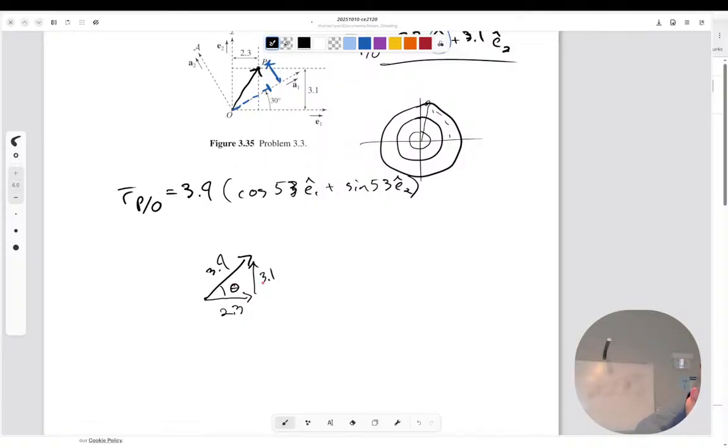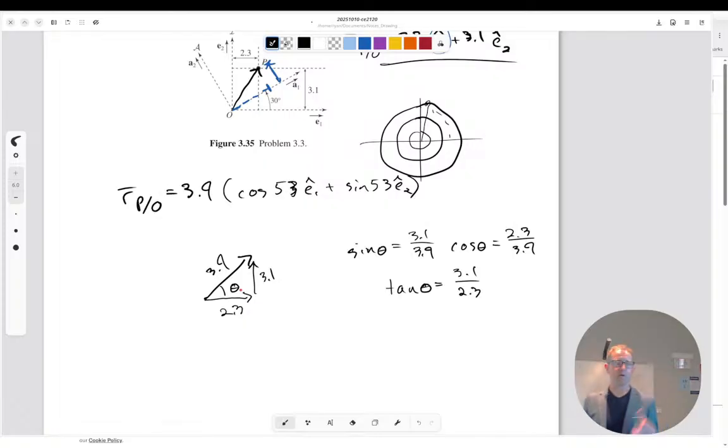If we want to find that angle, we could say sine theta is 3.1 over 3.9, or cosine theta is 2.3 over 3.9, or tan theta is 3.1 over 2.3. They're all going to lead us to the same answer, because it's all quadrant 1. So invert any of those, take the arc sine, arc cosine, arc tangent.